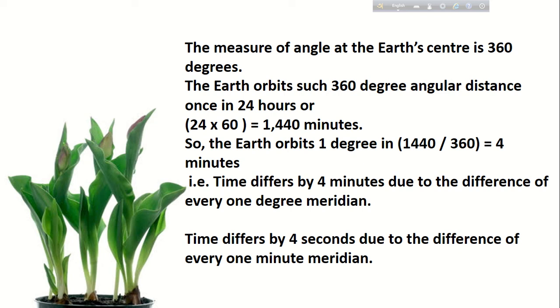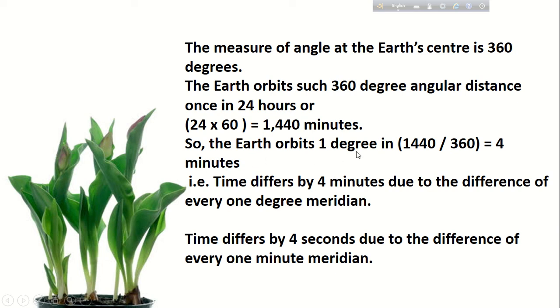So the single bar and double bar represent minutes and seconds. According to distance, the earth's circular path is divided into degree, minute and second, and the angular distance of each pole from the equator is 90 degrees.